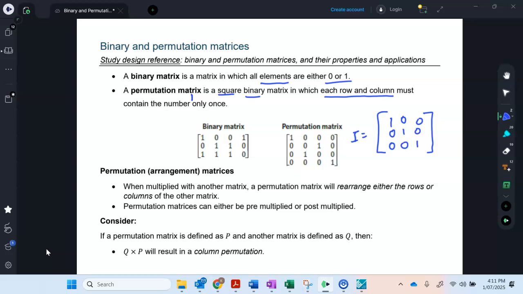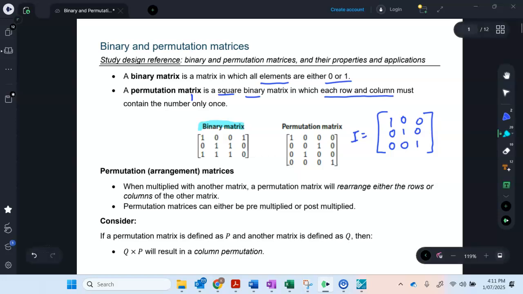So we've got two examples here. We've got a binary matrix, so we can clearly see there's just zeros and ones in that matrix. It's also a 3 by 4 matrix, so it can't be a permutation matrix because it's not a square matrix. It also has more than one 1 in each row and column.